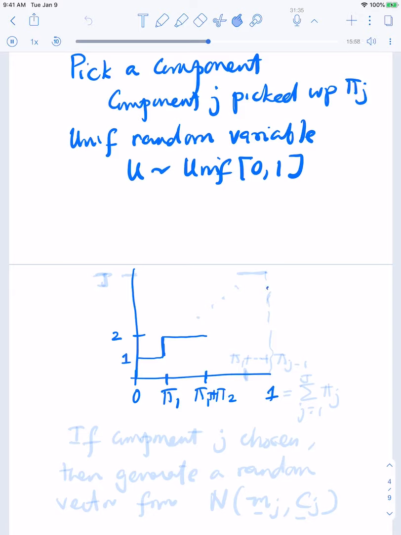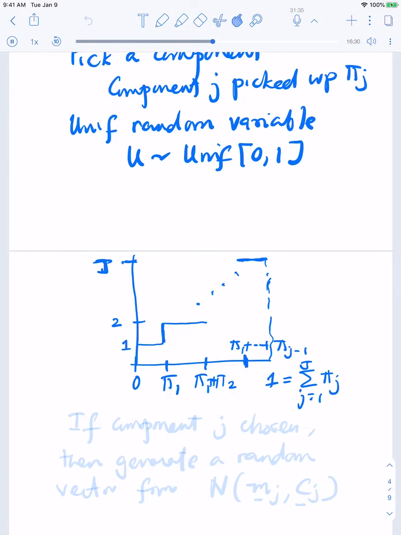And then you can see that since the pi's add up to 1, you would choose component capital J when the number is between pi 1 through pi J minus 1, which is this point, and 1, which is summation j equals 1 to capital J pi sub j. So basically, by dividing this interval between 0 and 1 appropriately and tossing this random number generator coin, which spits out a number between 0 and 1, you can choose a component.